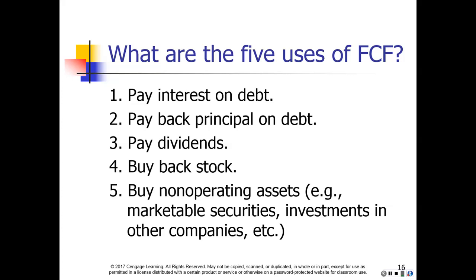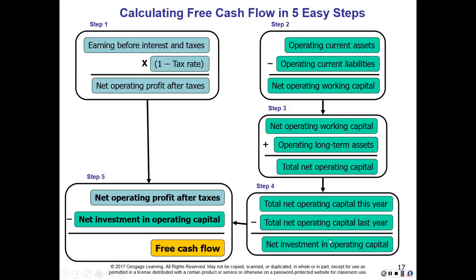Sometimes they buy back stock just to keep in a treasury account because they're giving stock to managers as part of compensation. Or they can use the free cash flows to buy non-operating assets, such as marketable securities, which would be something like treasury bills, or buy stocks of other companies, right? Investment in other companies.